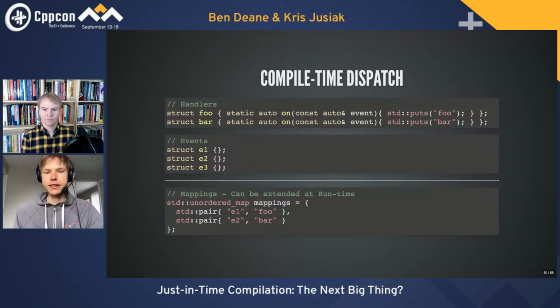We have E1, the event, and foo, which will be the handler, and add the same for E2 and bar. And after that, you can imagine we can insert new things using a REPL kind of thing, or when data comes and you decide to collect that data, we can extend that map.